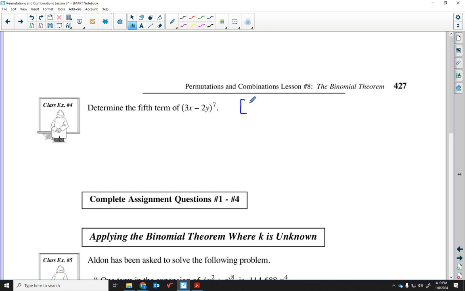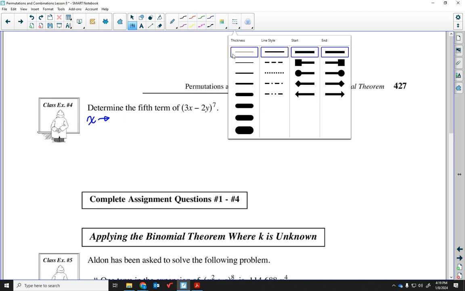So we're going to write down 3x and then plus negative 2y all to the power of 7. Again, the idea is we're trying to write it in this format, x plus y to the power of n. So it's not x here, it's actually 3x. X is 3x.